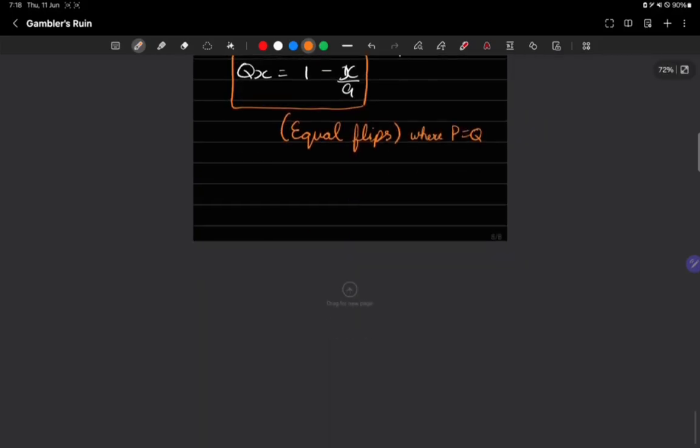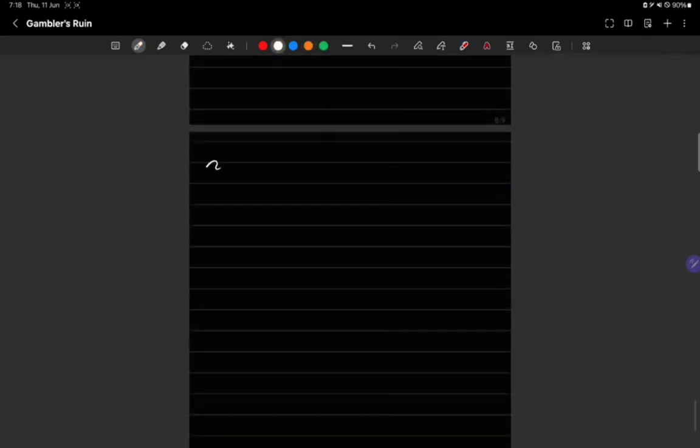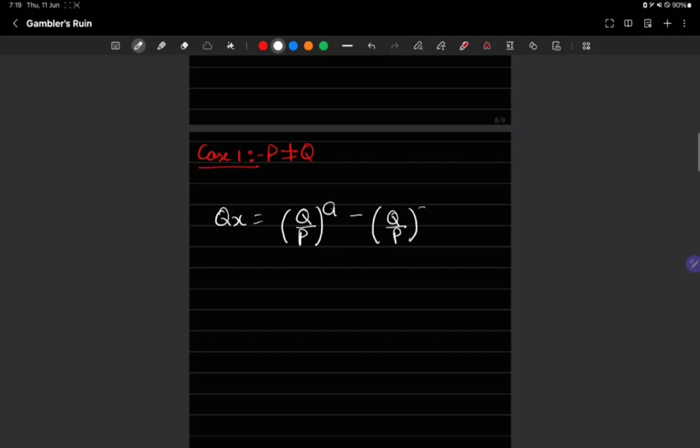So let me write down both of the equations. In case p and q are not equal, Qx becomes q by p raised to the power a minus q by p raised to the power x, over q by p raised to the power a minus 1.